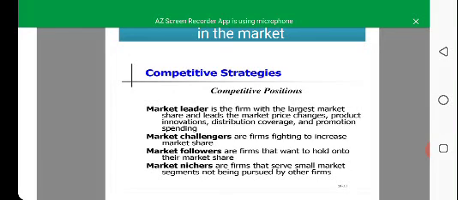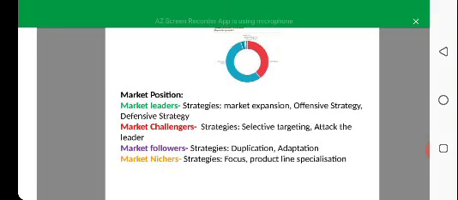What we have discussed is the competitive position in the market, in a particular industry like beverages or consumer electronic items. Now, what do leaders do to maintain their position within the industry?